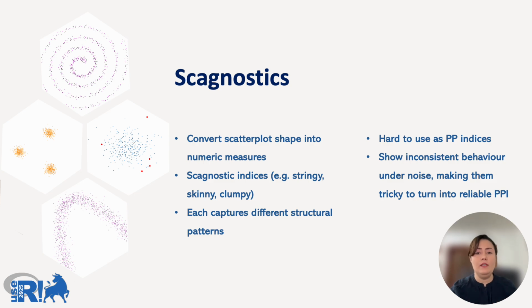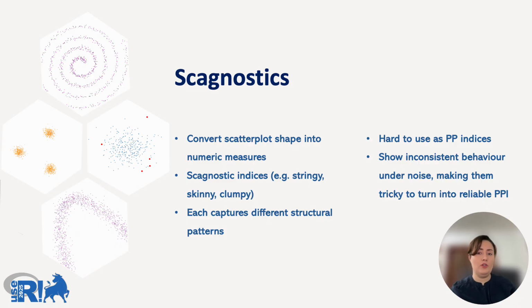However, turning these scagnostic indices into projection pursuit indices is very tricky. They can show inconsistent behavior under noise, making them very hard to use reliably for projection pursuit for high-dimensional data.